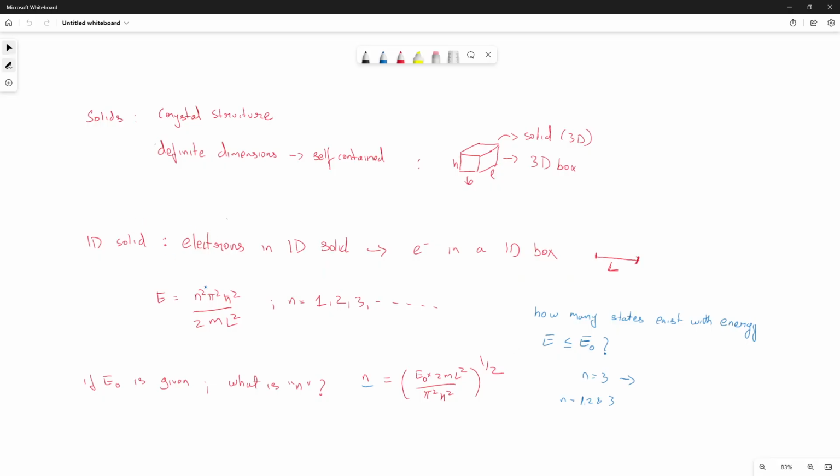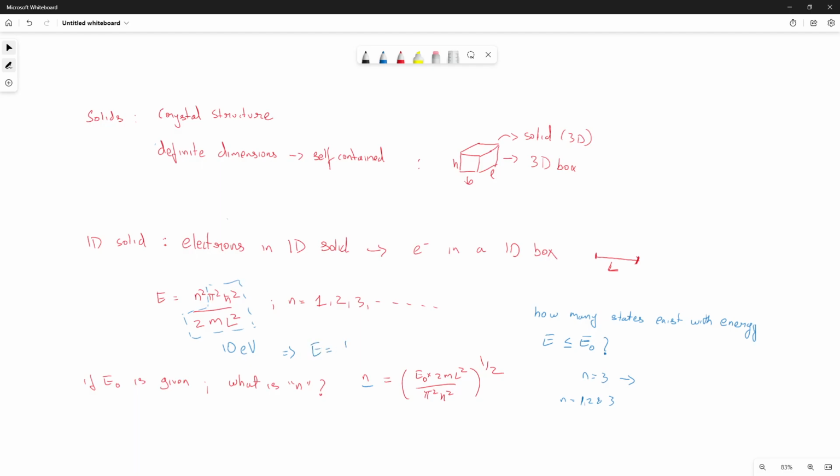So this quantity, other than n square, this entire quantity, let me say this is equal to 10 electron volts. Is that clear? Have you guys understood? Yes. Okay.